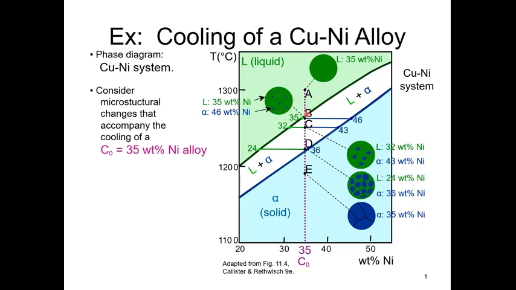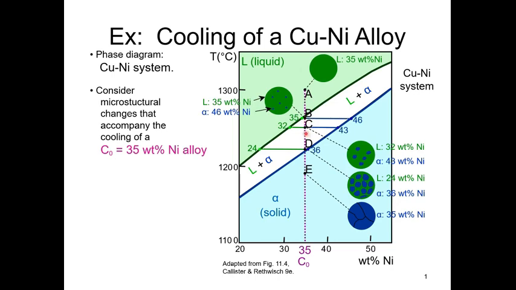Remember, for an alloy you don't have a specific melting point, you have a range of temperatures for melting. So at the liquidus line, you can have some solid. If you look under the microscope at a point on the liquidus line, you will see some solid inside the liquid. It means it's not purely liquid, but the solid is of course very little, or smaller.